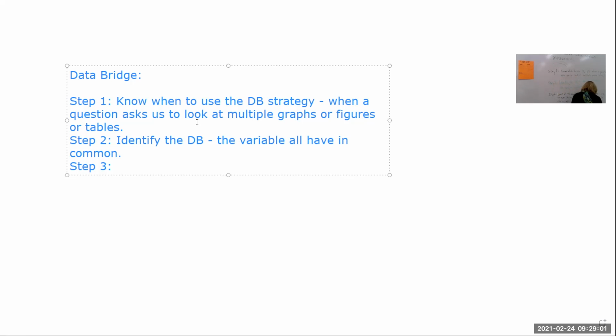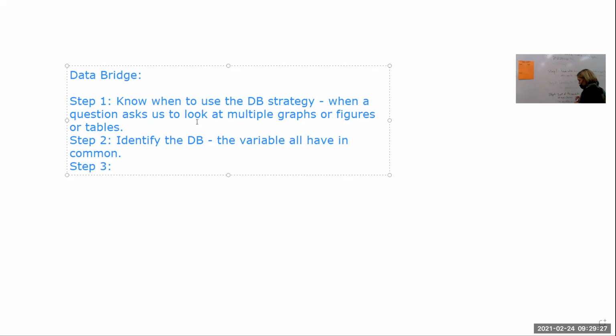Find the DataBridge, then move to the graph or figure, whatever, with the answer choice variables.